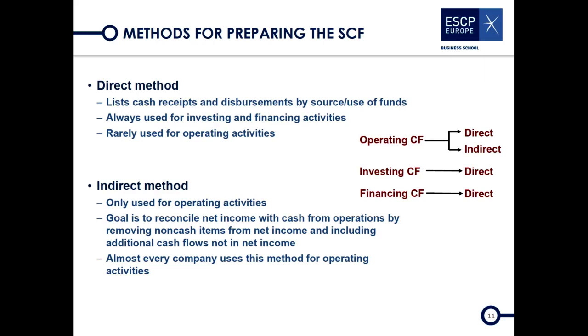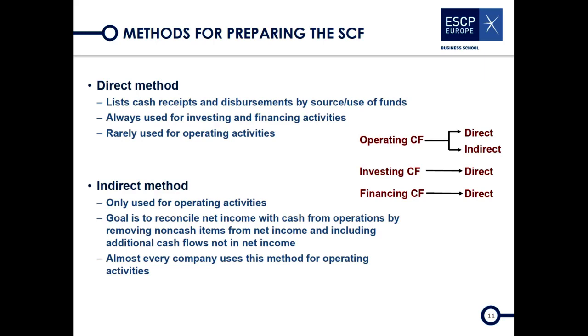Whereas with the indirect method, you just look at the income statement, you start with net income, and then you just add back everything that you know is non-cash. So it's actually very, very easy. You don't need to look at bank account specific transactions, so it's much, much easier to do.